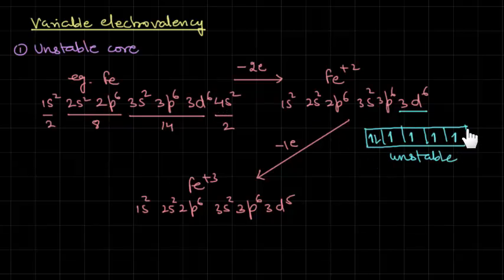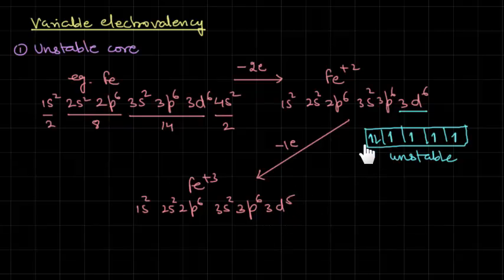How does the 3d6 look? Like this. And we already know that half-filled orbitals of a particular subshell are more stable. So this extra electron is actually making it quite unstable. So it can lose one more electron quite easily, and then it can form a configuration of 3d5.